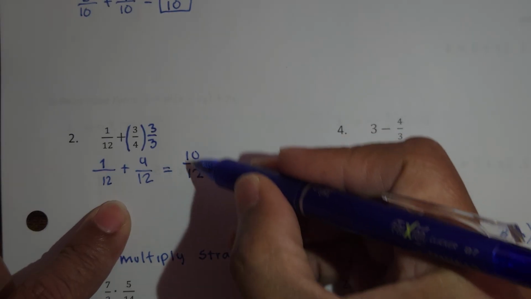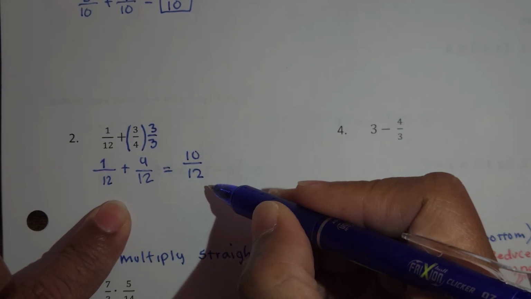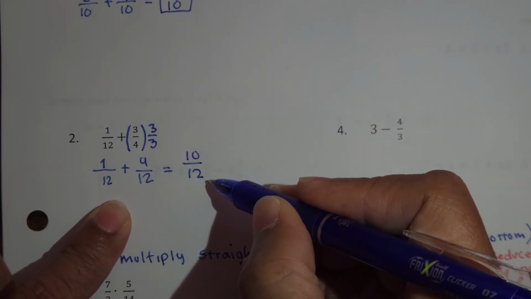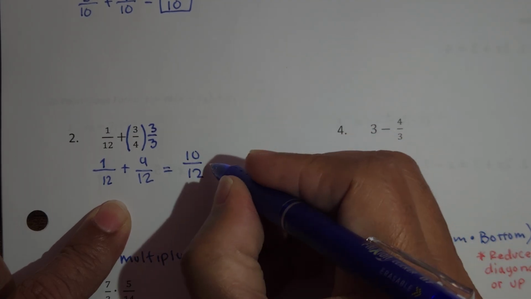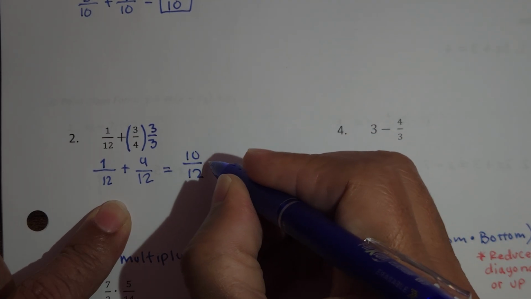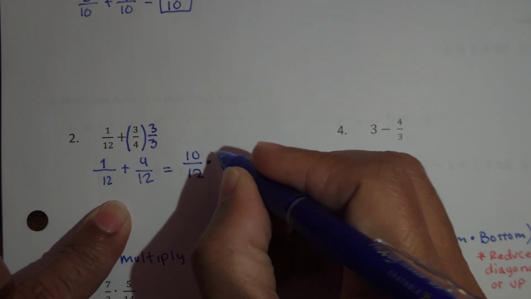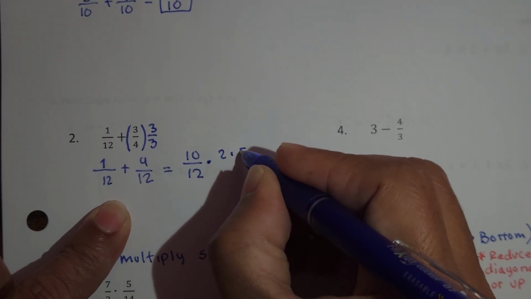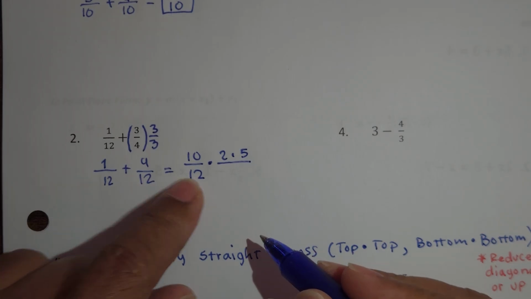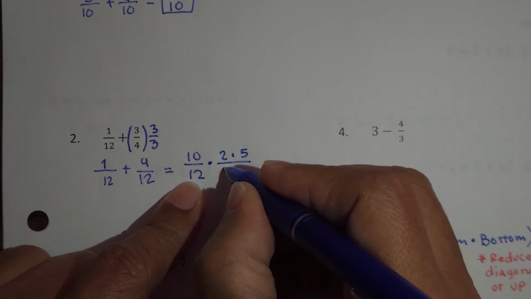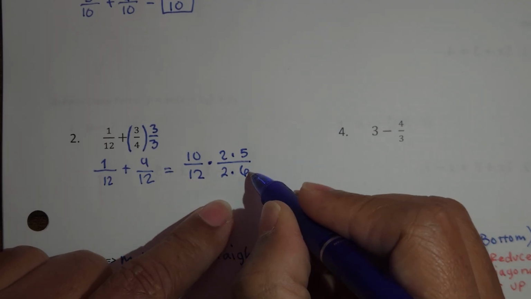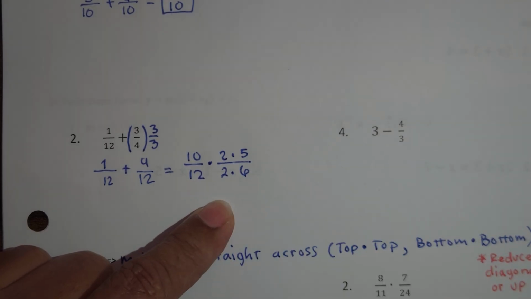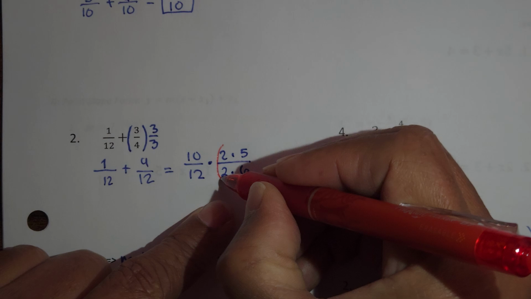Now notice, these two numbers are not prime, they're composite numbers. So what I'm going to do is decompose the numerator by multiplying two prime numbers, which are 2 times 5. All right, and then 12 is the same as 2 times 6. So I could decompose 6 into 3 times 2, but the only one they have in common is the 2.